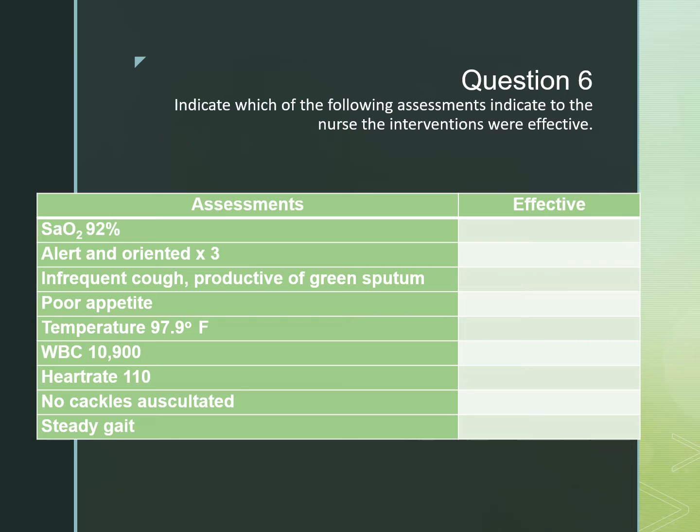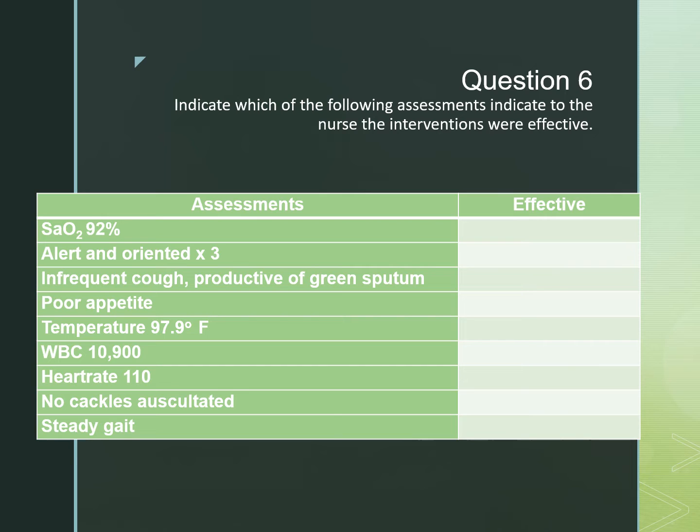Well, she was afebrile to begin with, so it is not related at this point. White blood cell count of 10,900. Yes, we were over 15,000 when we started. We've definitely made some improvement there.